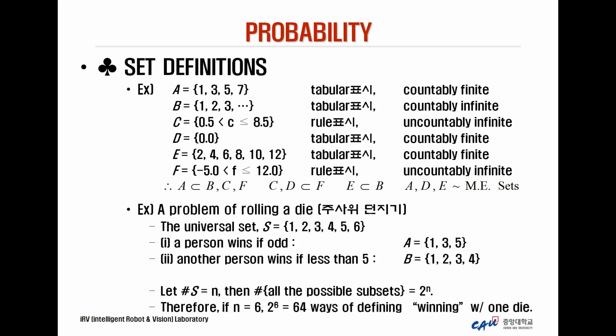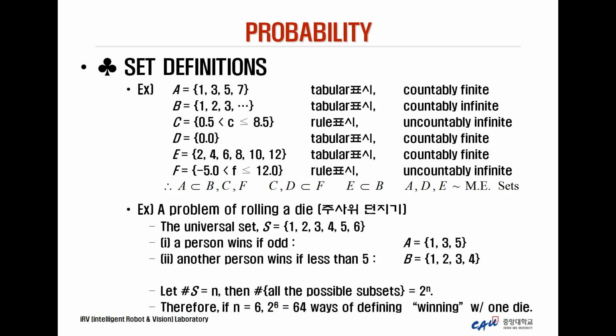Set F, the element small f, is greater than minus 5.0 and less than or equal to 12.0. This is in the rule method, and F is an uncountably infinite set.